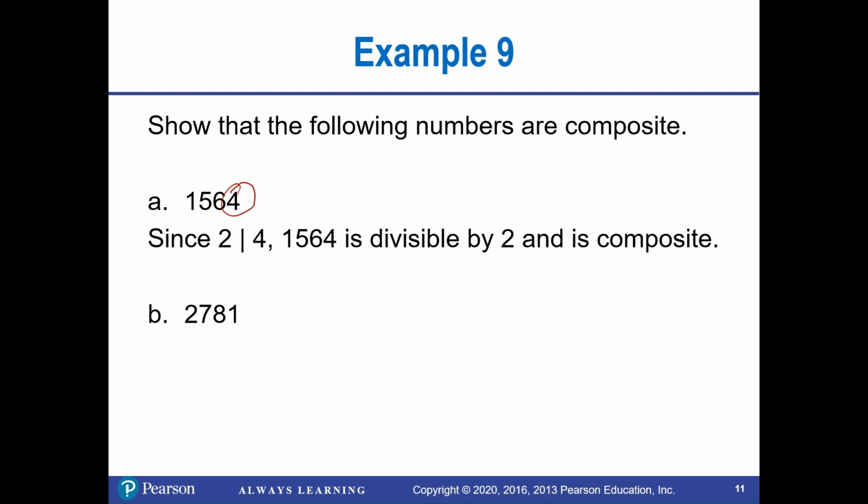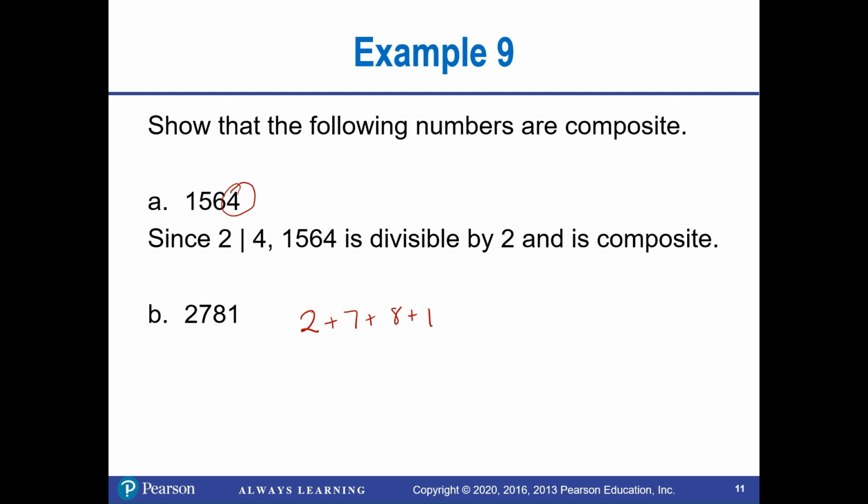When I look at 2,781, I go back and I try to remember my divisibility rules. I know that it's not going to be divisible by 2 because the last digit, 1, is not even. But I could check the divisibility rule for 3, which is I add the digits together. So I say 2 plus 7 plus 8 plus 1.